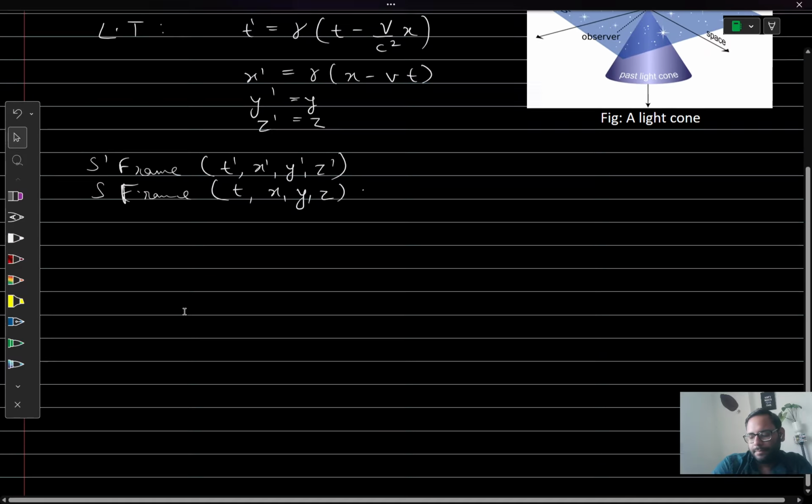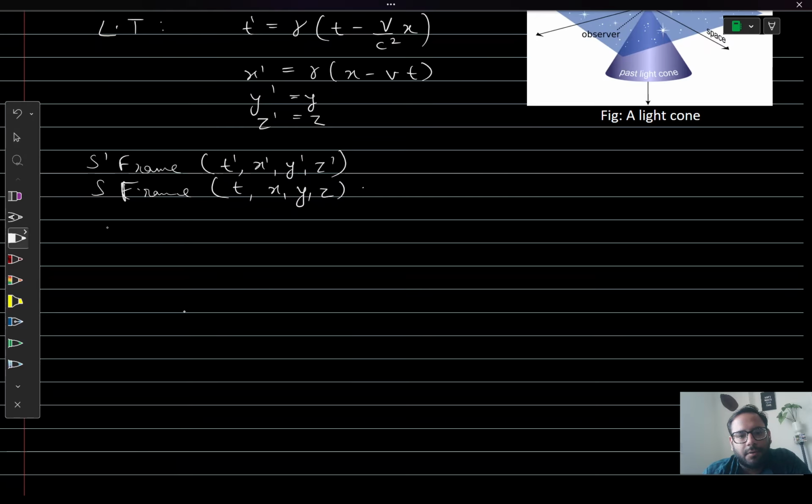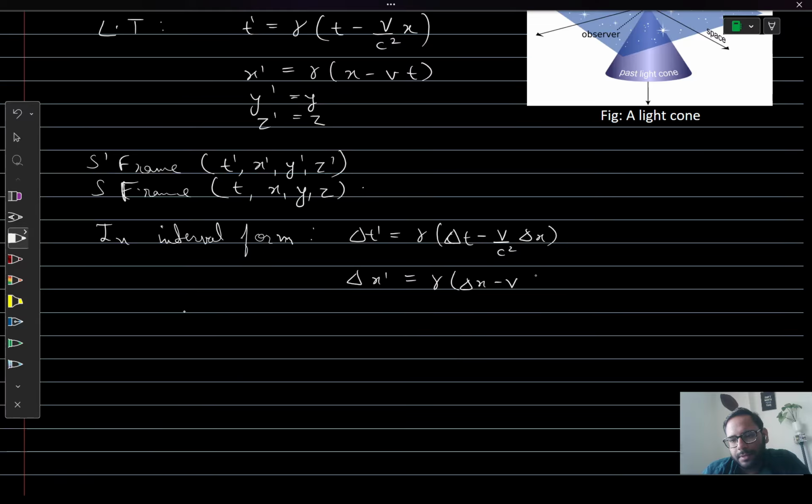Further, we can write this in interval form: delta t prime equals gamma (delta t minus v by c squared delta x), and delta x prime equals gamma (delta x minus v delta t).